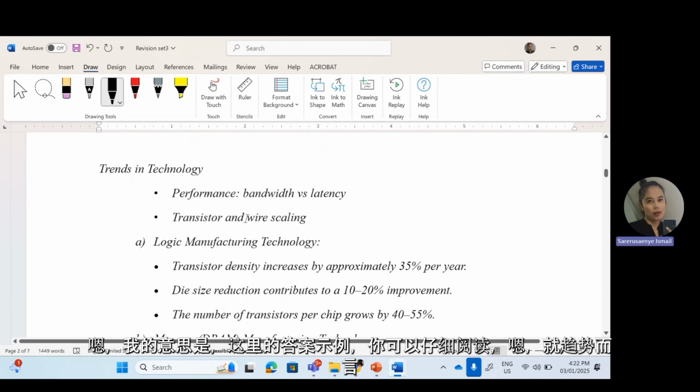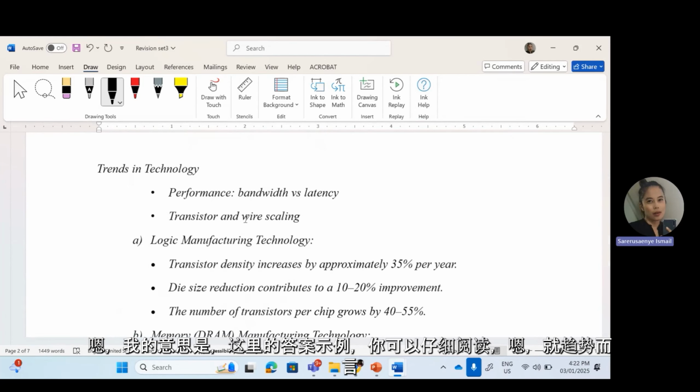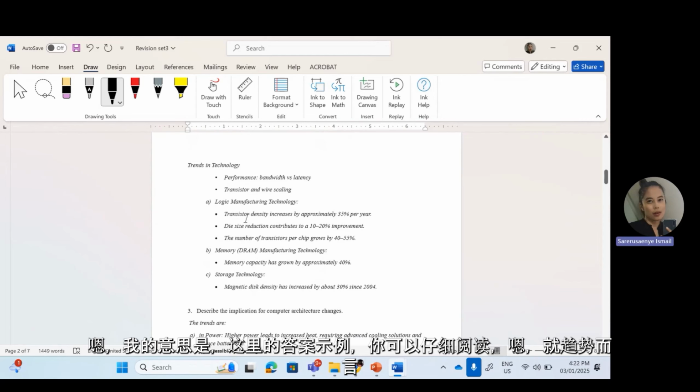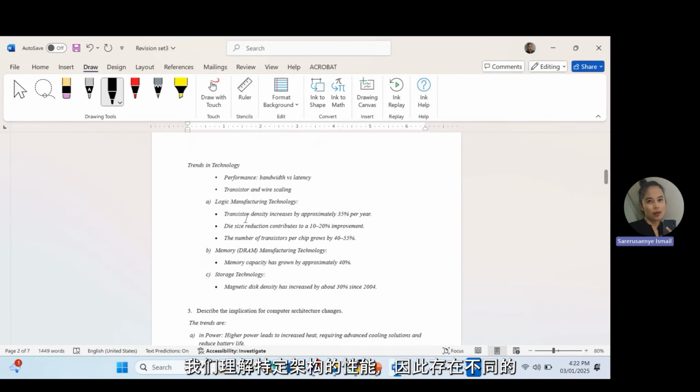And then I also have a question. The example of the answer is here. You can read carefully. In terms of the trend, we understand the performance of a particular architecture differs. If you have a multi-core processor with different architectures, definitely the performance will differ compared to other architectures.